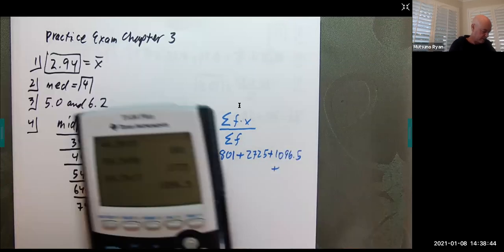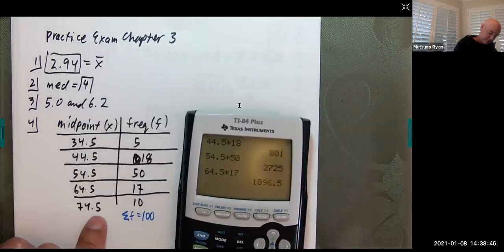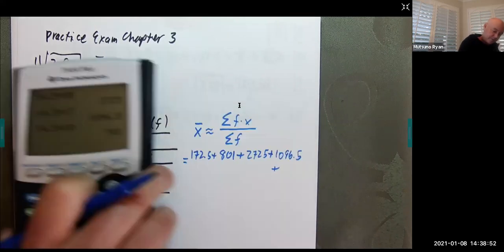And lastly, 74.5 times 10, which we could do in our head, just move the decimal. 745.